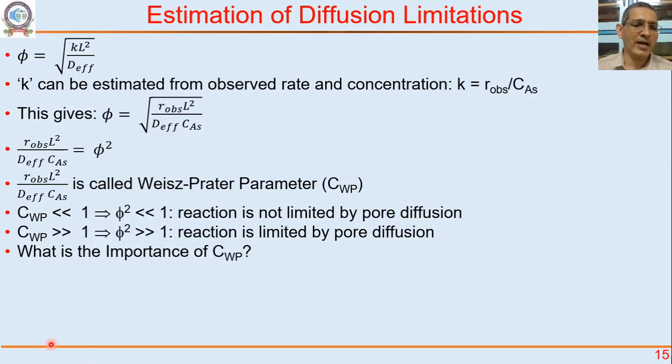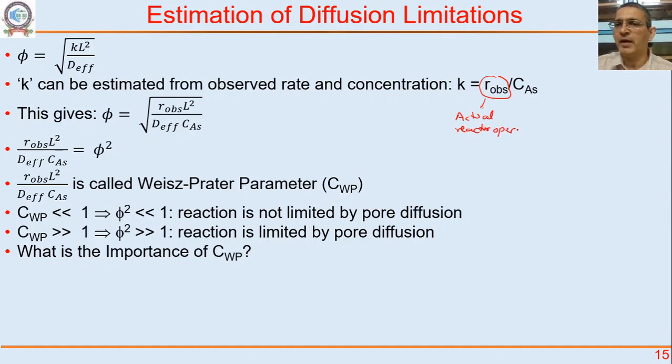Why? Because for this R observed, we don't need to know the rate constant. R observed is seen for an actual operating reactor.